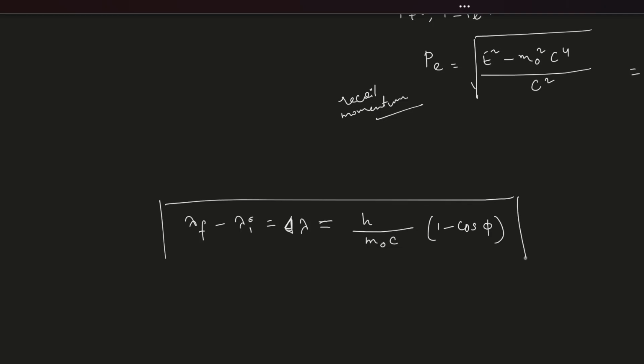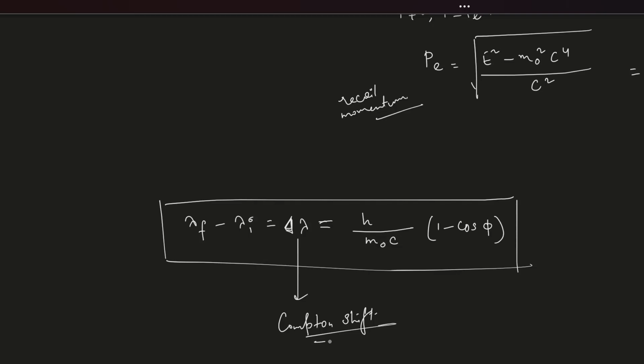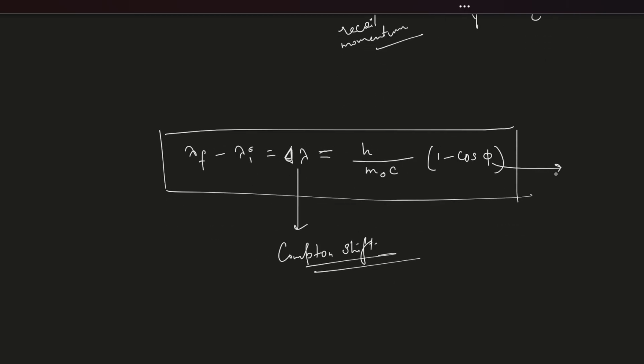This is the main mathematical equation of Compton scattering, and this term has an official name, the Compton shift. Compton shift is nothing but the wavelength shift that the photon experiences after it gets Compton scattered from the electron, right? And this phi is the scattering angle of the photon.